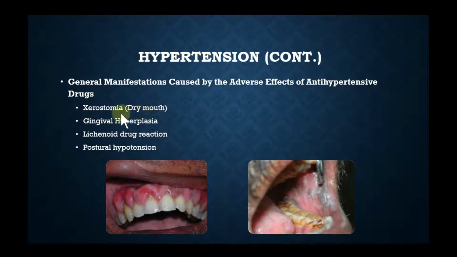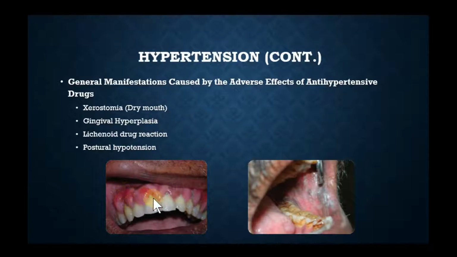Also, certain medications like calcium channel blockers might cause gingival hyperplasia. Gingival hyperplasia, as you can see here, is caused by nifedipine, and the patient might seek dental treatment for it.